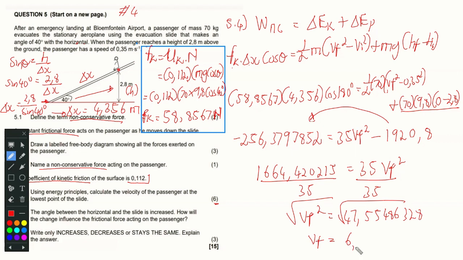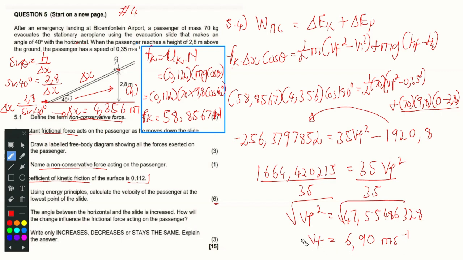When I round off to 2 decimal places, that is 6.90 meters per second, right? Even if you round off to 3 or 4 decimal places, you're going to end up with an answer similar to that. So 6.90 meters per second.